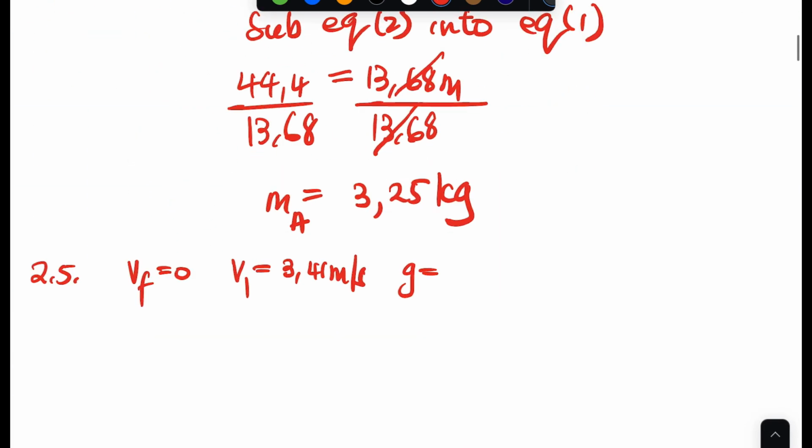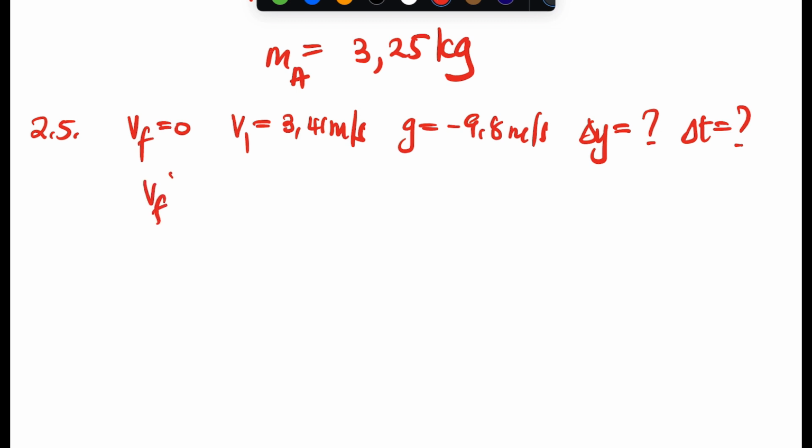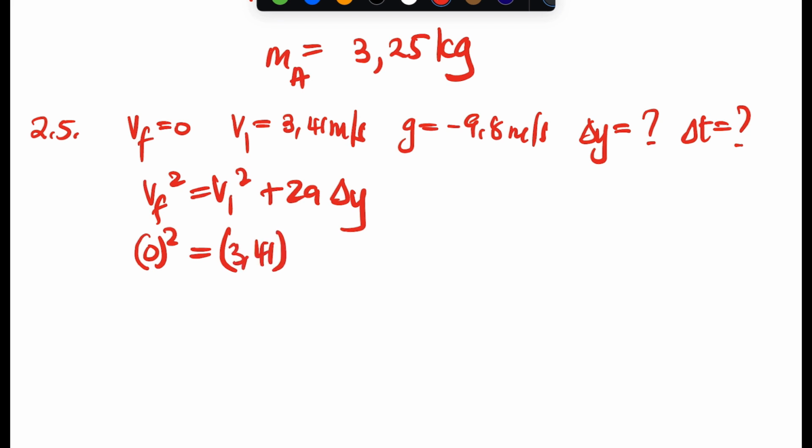So our g is going to be negative 9.8 meters per second squared, and we want the displacement. It's going up, and we do not have time, so we avoid the equation that has time. We use this equation: v squared equals v initial squared plus 2a change in y. Our final velocity is 0, initial velocity is 3.41 squared, plus 2 times the acceleration, negative 9.8. We want this displacement.